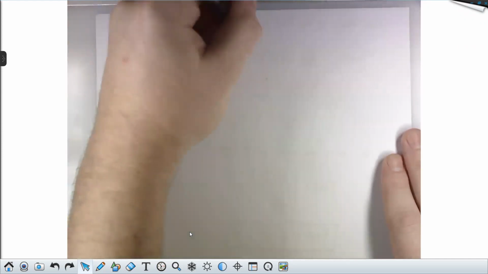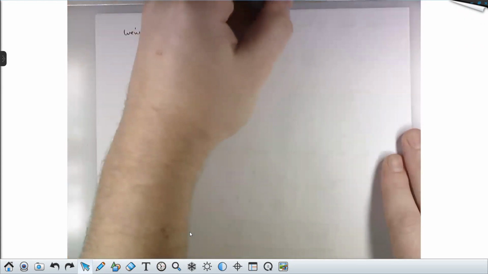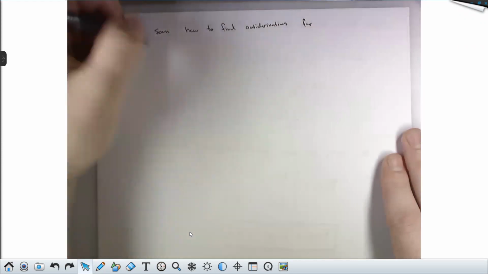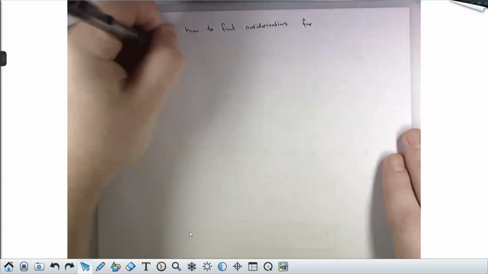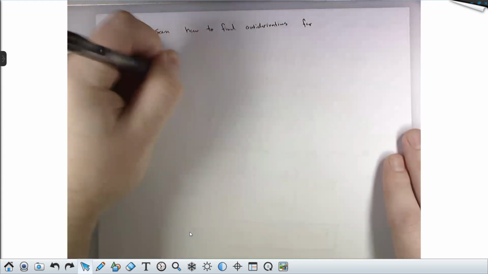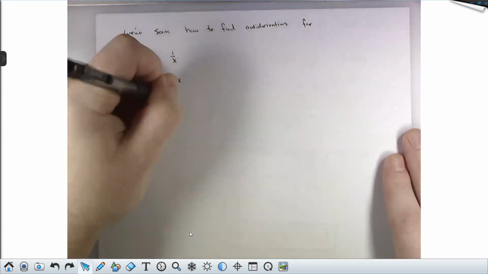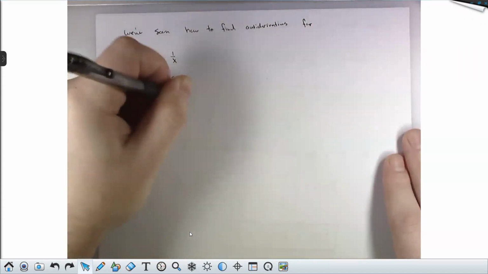So we've seen how to find antiderivatives for just a few functions, right? 1 over x, 2x, and 2 cos x.